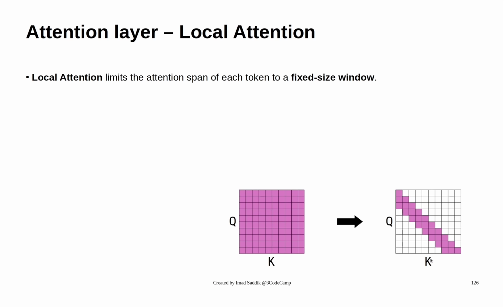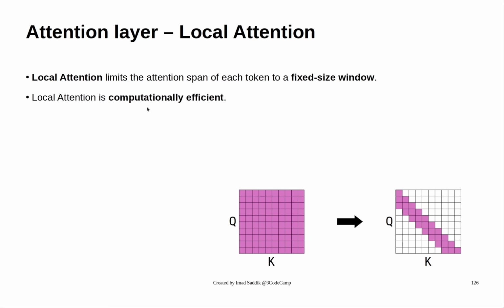In this case, a token can attend up to 2 positions in the past. If I am, for example, here, I can only look at the 2 previous tokens, but you can play with this value. This makes local attention efficient, but it's a bit tricky to get the most out of it.